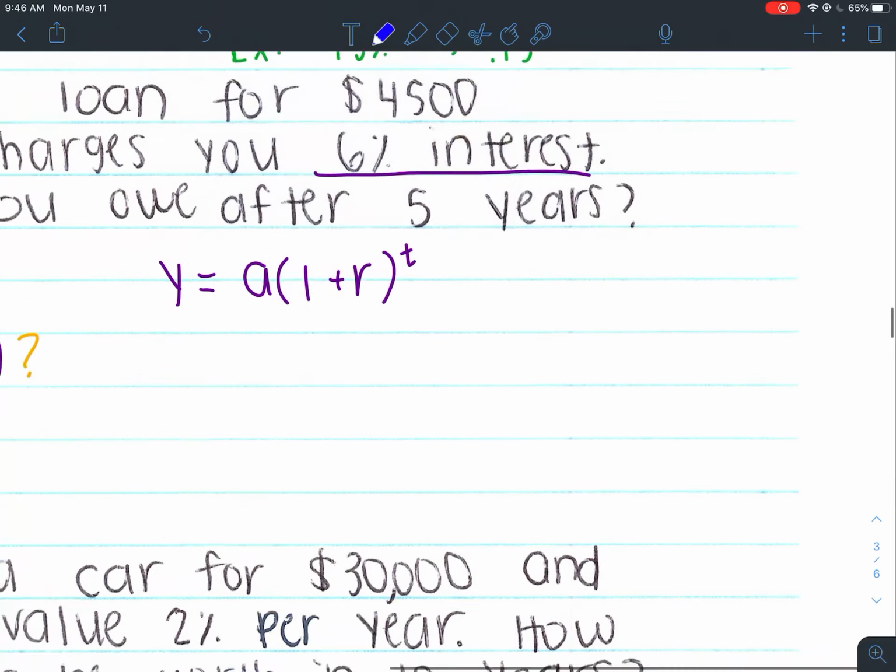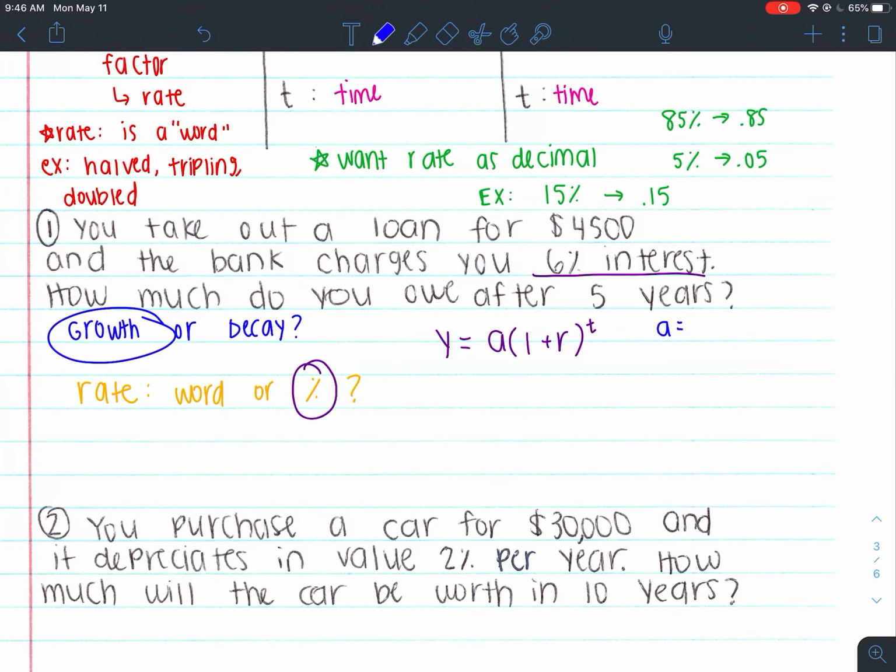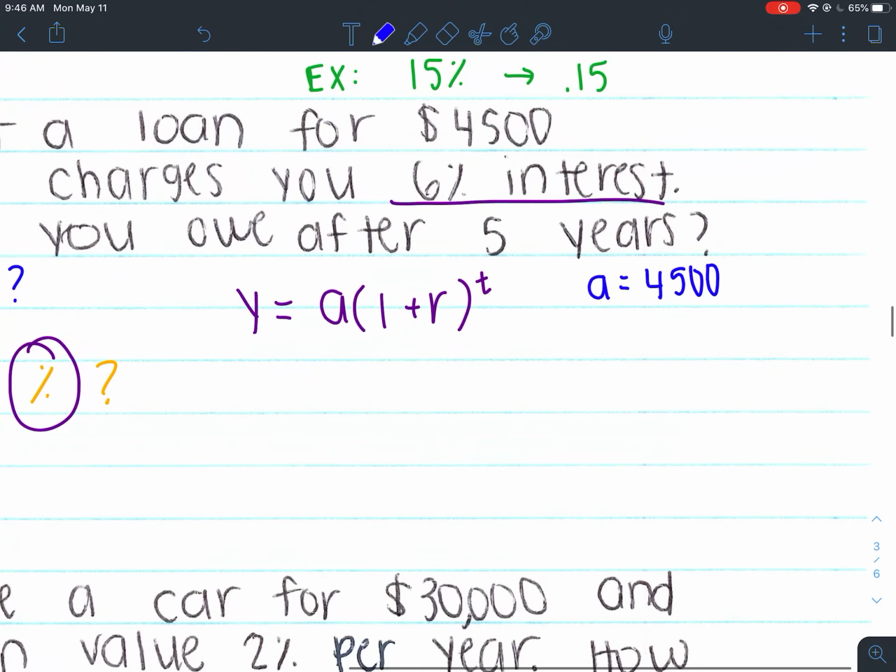So let's go ahead and identify things. Remember, we have three variables here that we need to identify so we can plug in. So remember, A is your initial value. So what's the initial value here? It's going to be the 4,500. Initial means that's the number you start with. So we start off borrowing 4,500 from the bank. Then the r value is going to be your percentage, or your rate, which is, in this case, 6%.